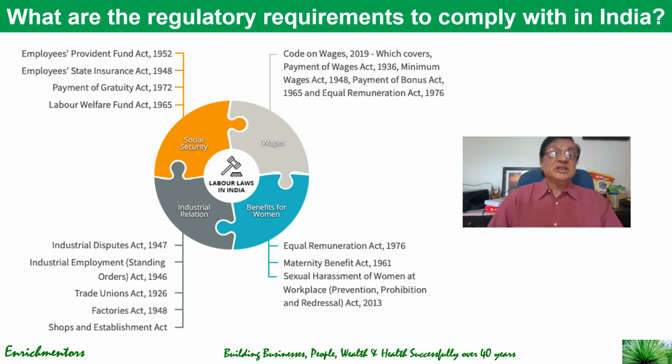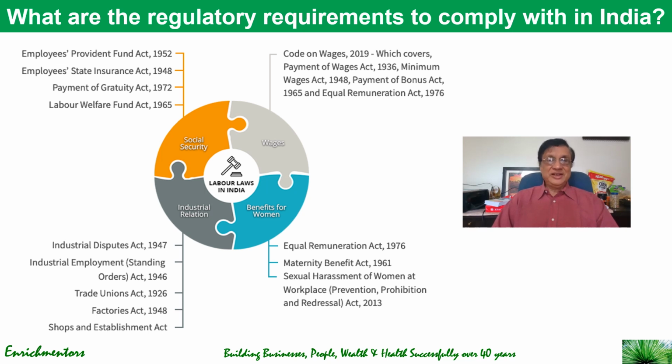Second thing is the social security area of regulatory compliance. And in this, you have things like Employee Provident Fund, Employee State Insurance Act, Payment of Gratuity Act, and Labor Welfare Act. So you would have to understand these acts and have someone look at them, communicate this to the right people and review and report on what is happening.